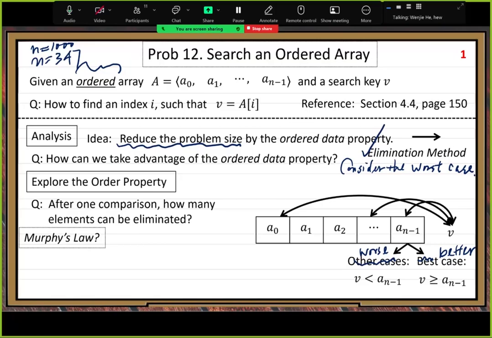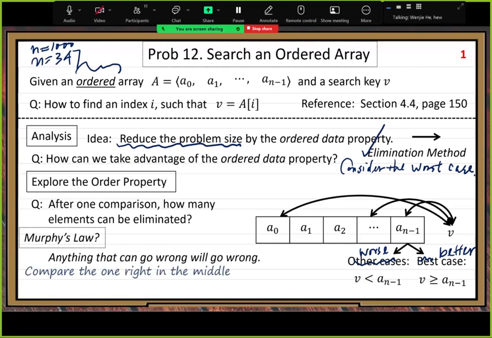Murphy's law tells us that anything that can go wrong will go wrong. That tells us we should focus on the worst case, the one that could go wrong and will go wrong. So we should target the worst case.